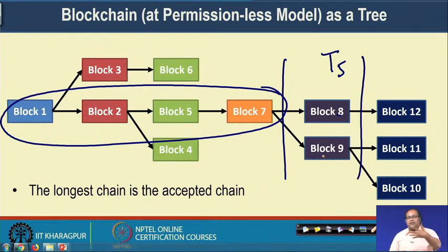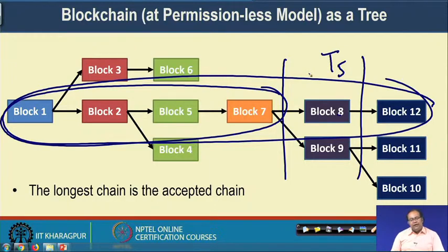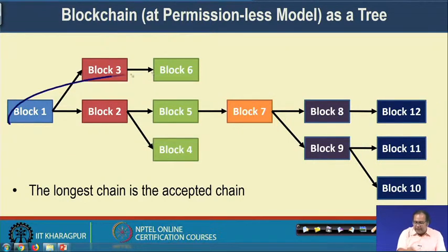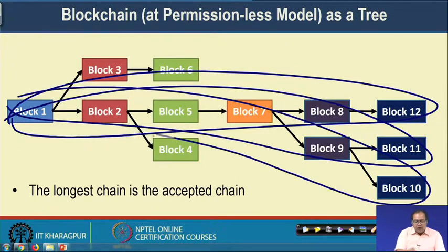We can represent it as a directed tree, and in that directed tree whatever is my longest chain is accepted as the current chain. In some time instance it may happen that you have different chains with the same length. So, for example, in this case this chain and this chain, all 3 chains are of the same length.